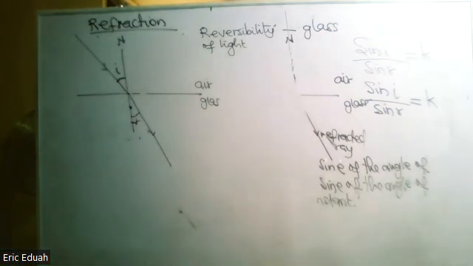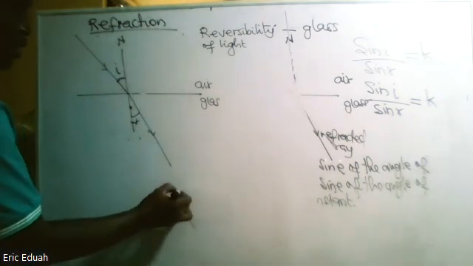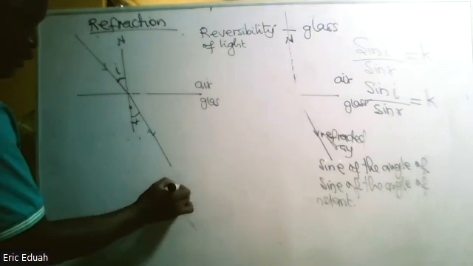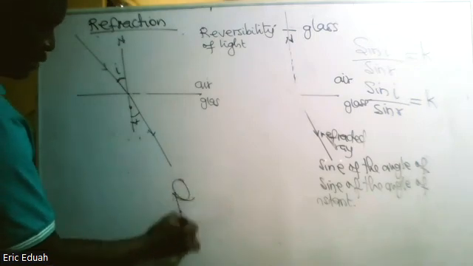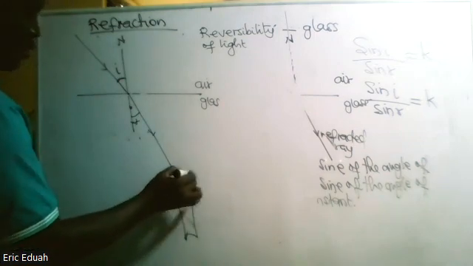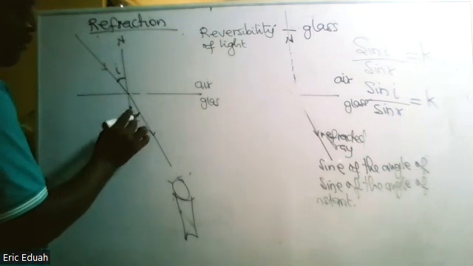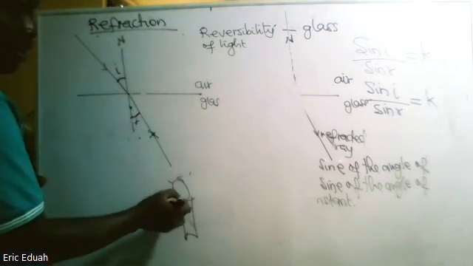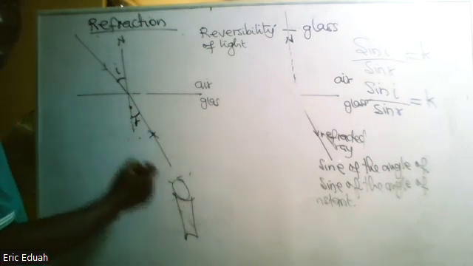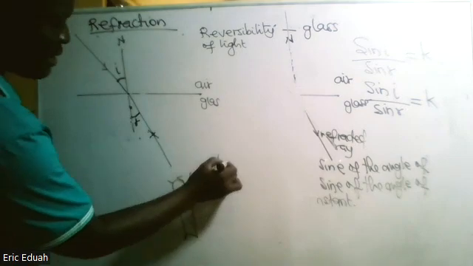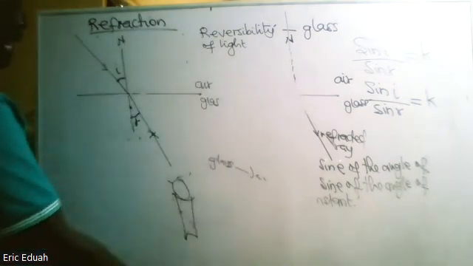When you reverse the source of light and bring the source here, and we give it this same angle of refraction, now we are looking at the angle of refraction R as the incidence from glass to air. Before it was air to glass.